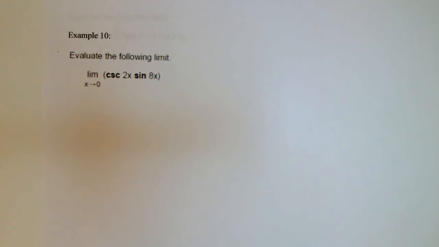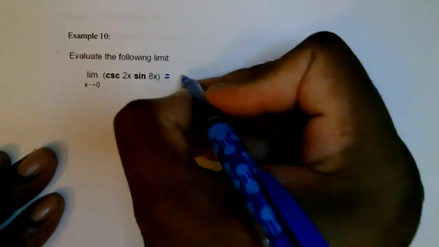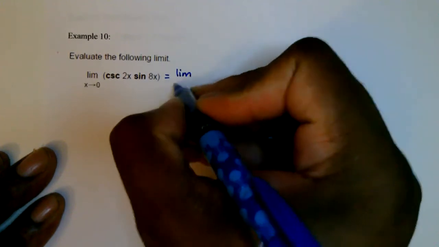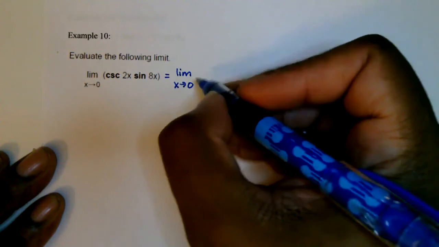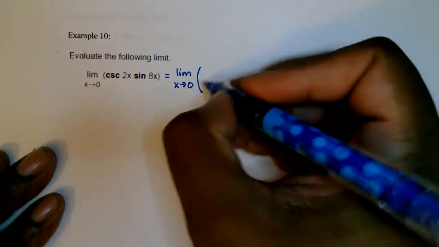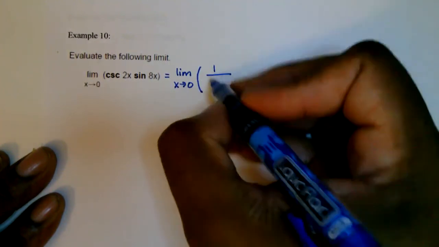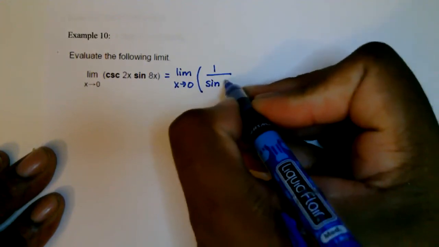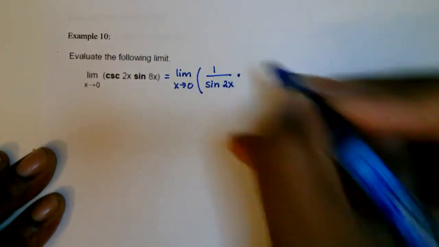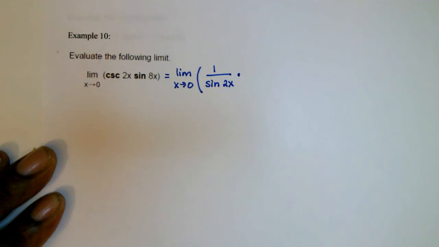So we need to write this in a way that we can have either infinity over infinity or 0 over 0. That way we can apply L'Hopital's rule. So the limit as x approaches 0, the cosecant of 2x is going to be 1 over the sine of 2x. It's one of those reciprocal identities in trig.